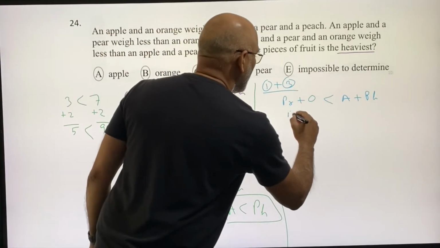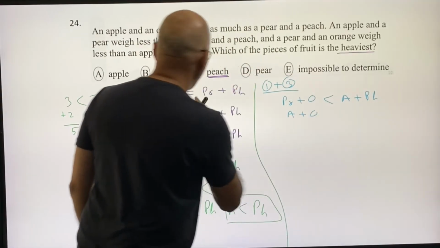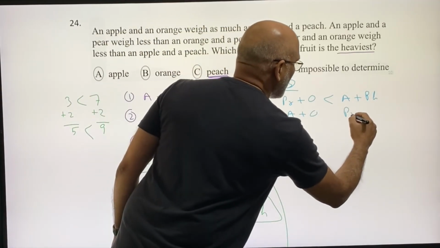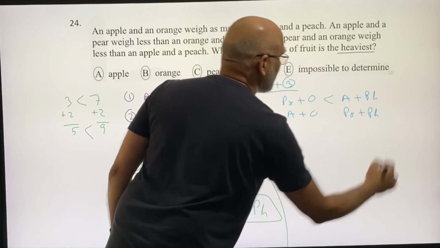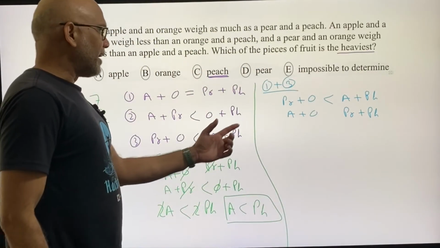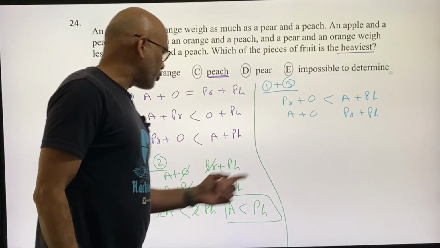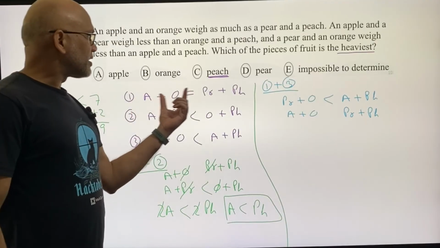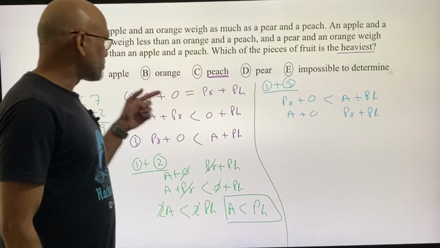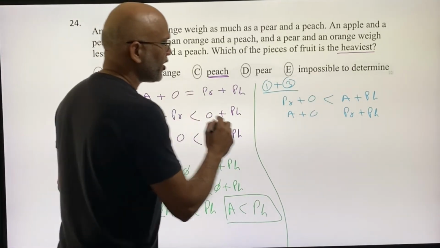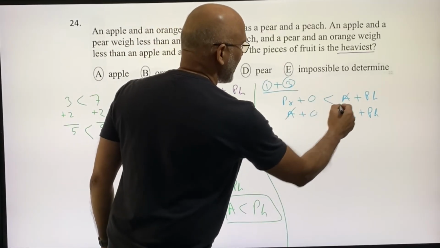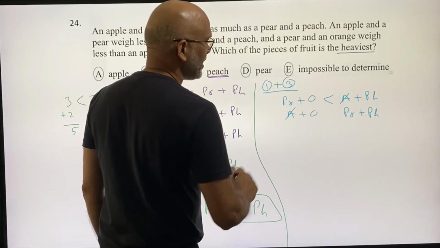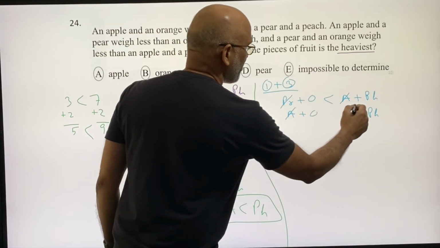So that is A plus O and PR plus PH. So I started with equation 3, the inequality, and then adding equal amount to both sides from equation 1. And here also you can see I can cancel out A, I can take out apple from both sides, and then I can take out pear from both sides.